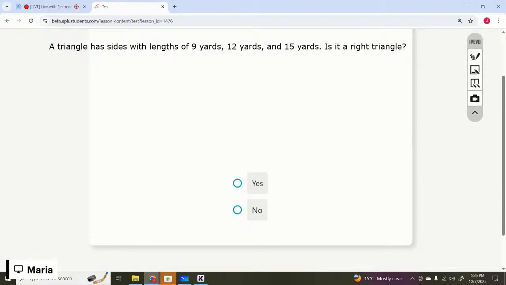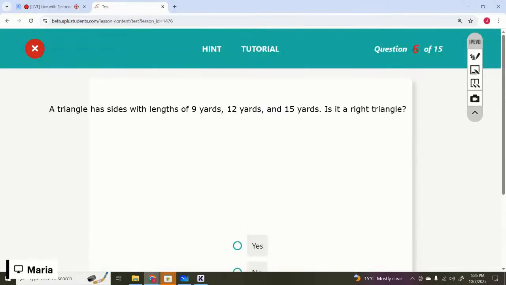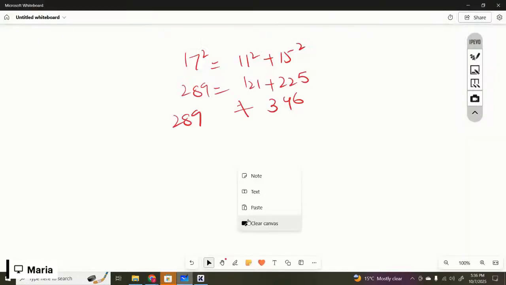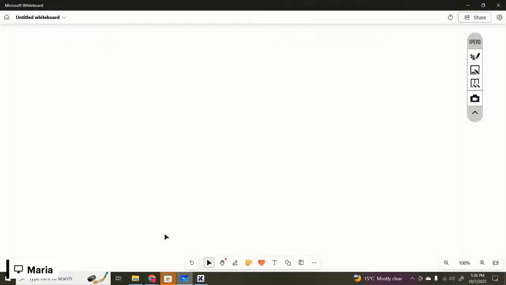A triangle has sides of 9 yards, 12 yards and 15 yards. Is it a right triangle? The longest length is c, that is 15.